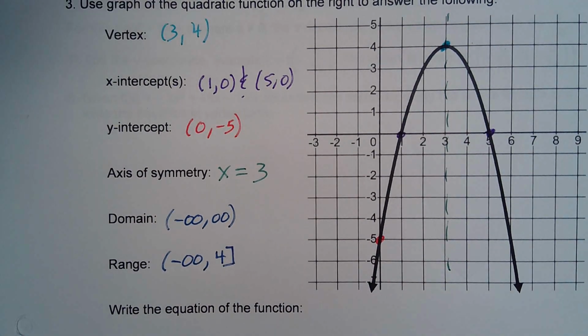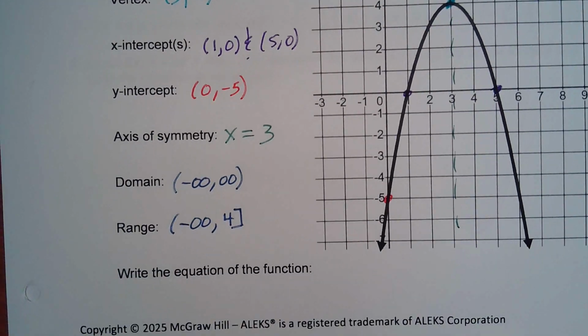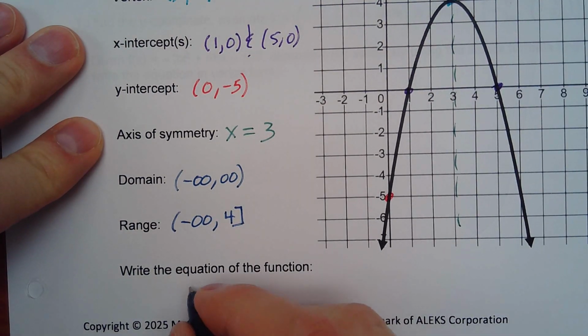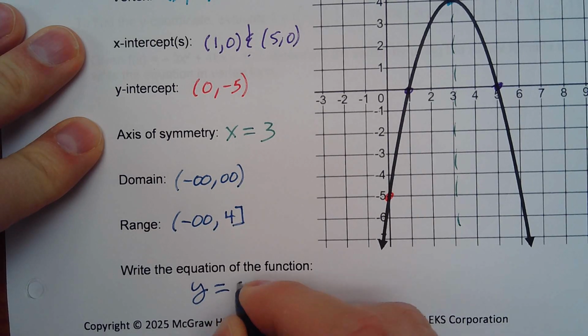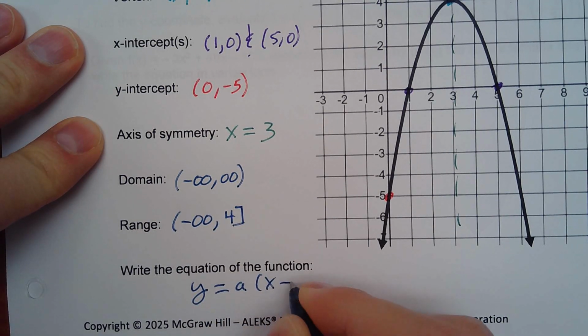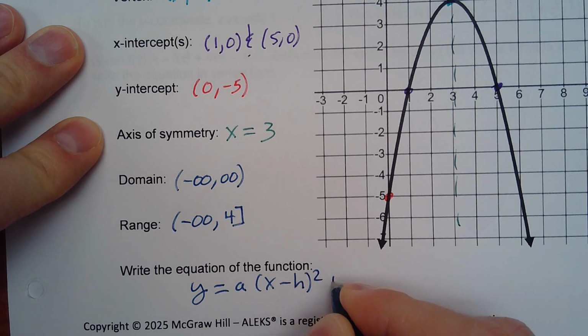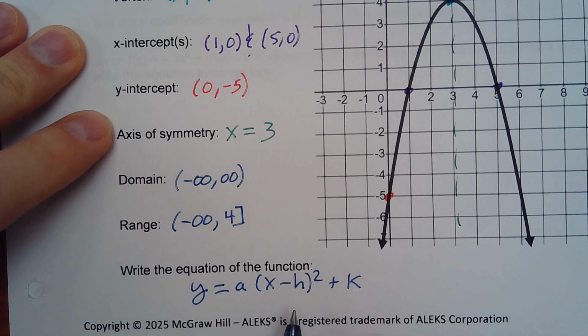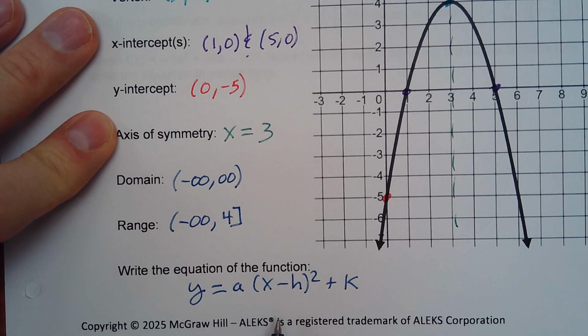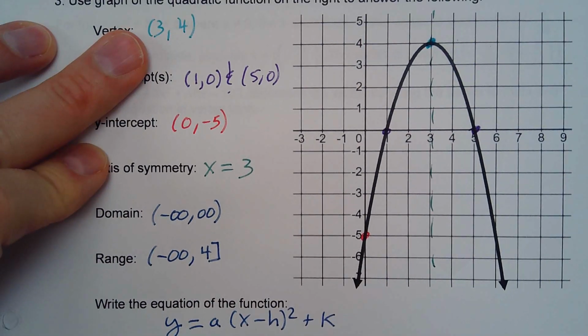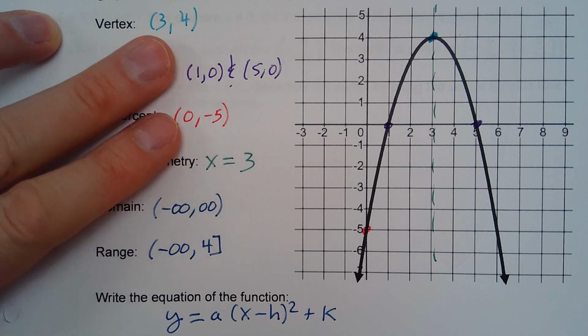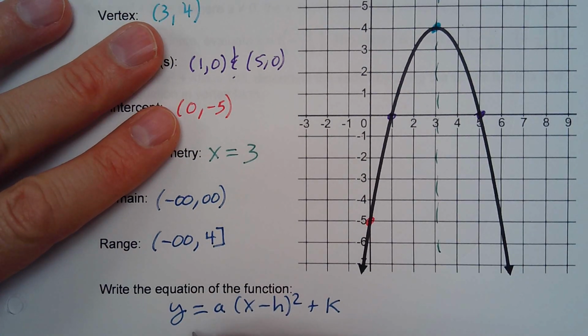And now they ask us to write the equation of the function. So remember, my form is y equals a times (x minus h) squared plus k. Remember, h and k come from the vertex. So h is 3, k is 4. So I can at least plug that in.